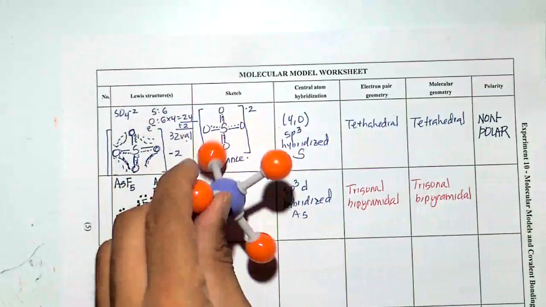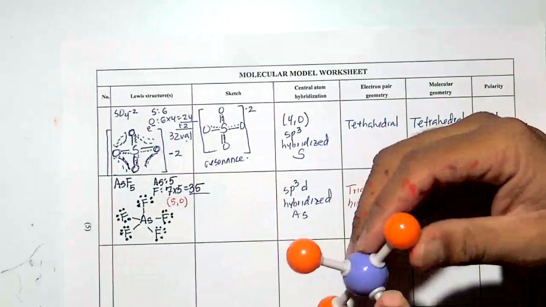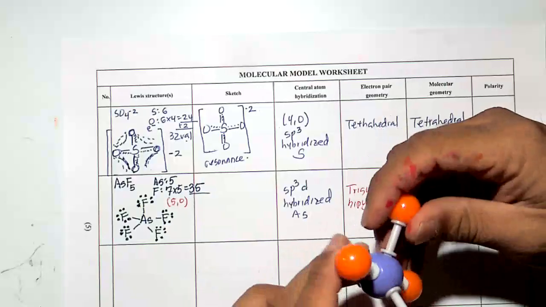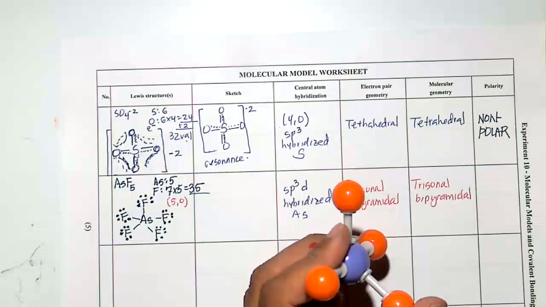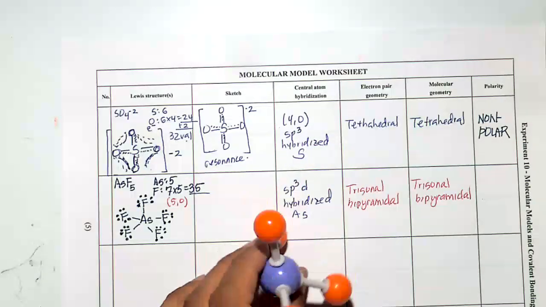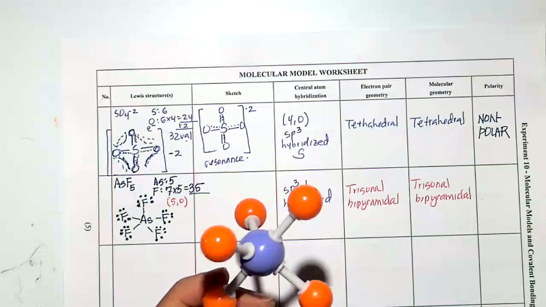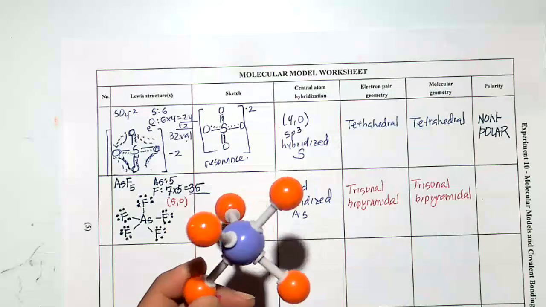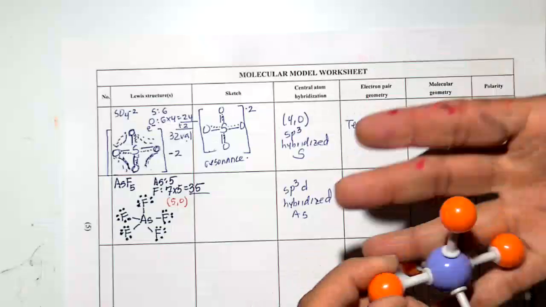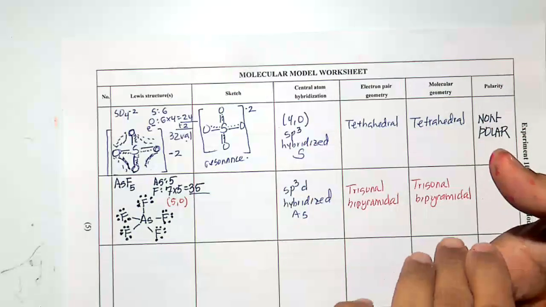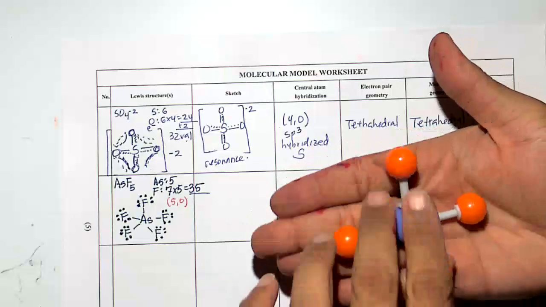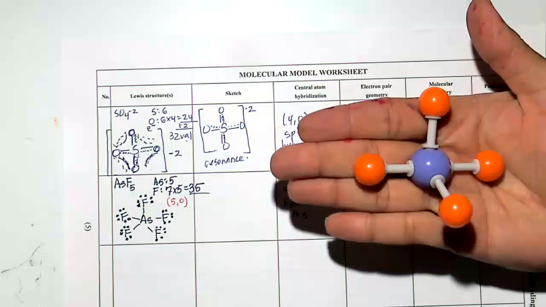All right. So here we go. Okay. This is trigonal bipyramidal. Right. That's 5 and 0. Okay. How are we going to draw this in 3 dimensions? Imagine my palm is the plane of the paper. So how will you draw this?